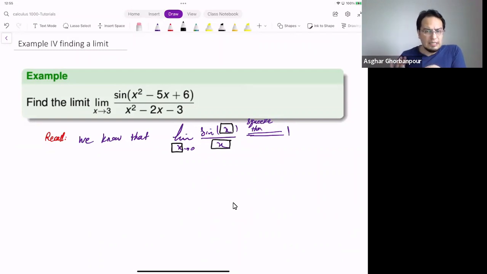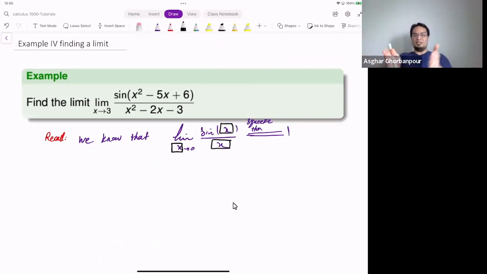It's good to watch the video that we have on week 5. This limit comes up when you're trying to find the derivative of sine x at 0. And actually, that's enough.